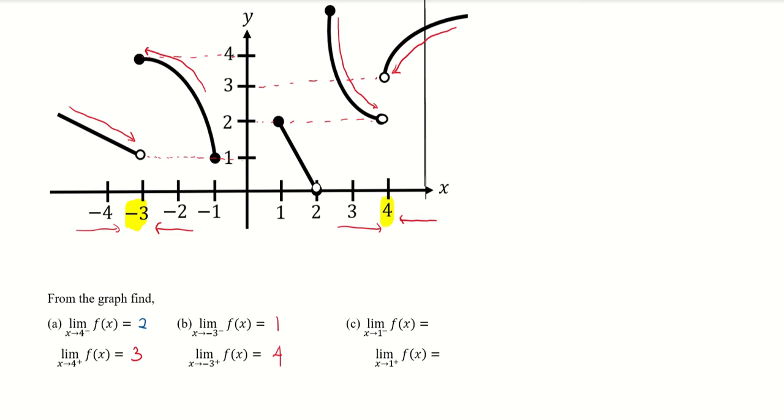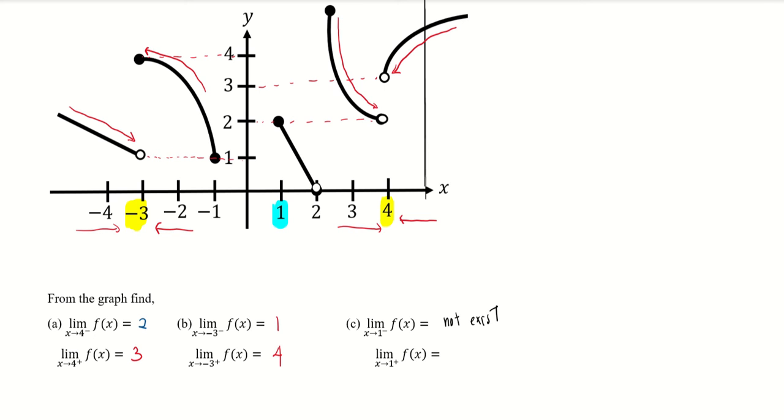Next is x approaches 1 from the left. 1 is here. Approaching 1 from the left, there is no graph here, so that means there is no limit here; it does not exist.